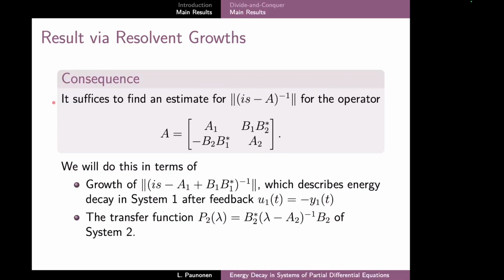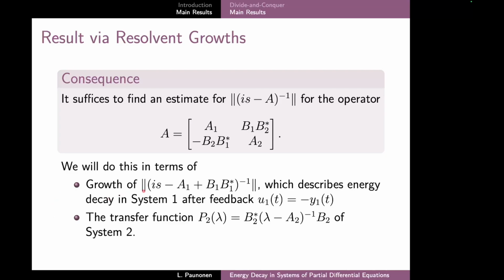So this result converts our analysis to the estimation of the resolvent operator for this coupled or composite operator here. And this estimation we want to do based on the knowledge of behavior of system 1 and system 2.